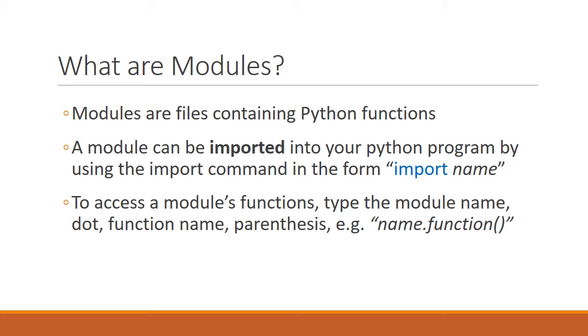A module can be imported into your Python program by using the import command in the form import module name. To access a module's function, type the module name, dot, function name, parentheses.